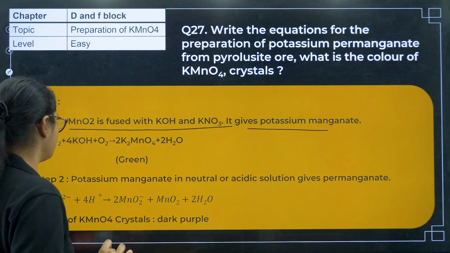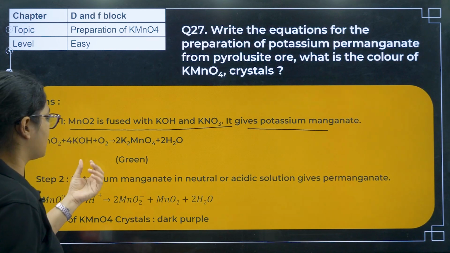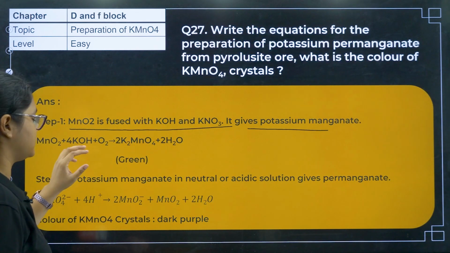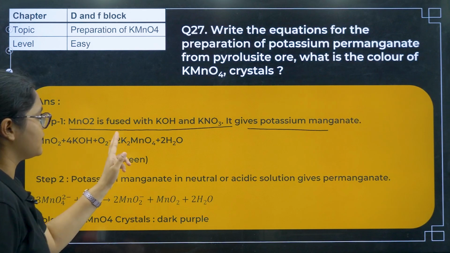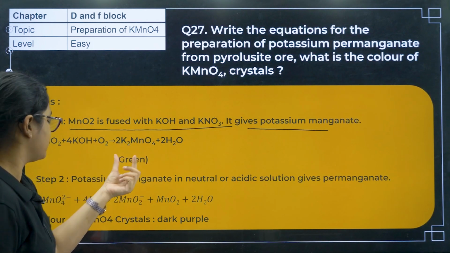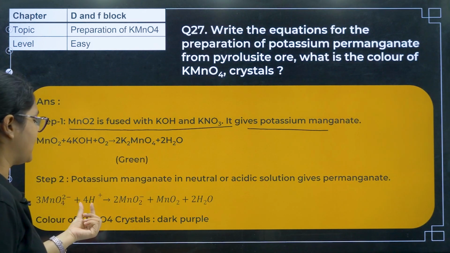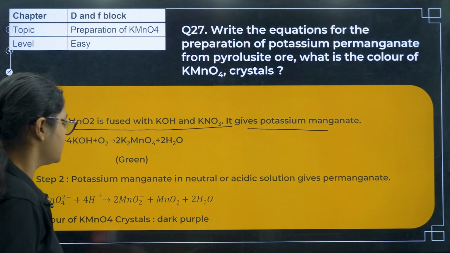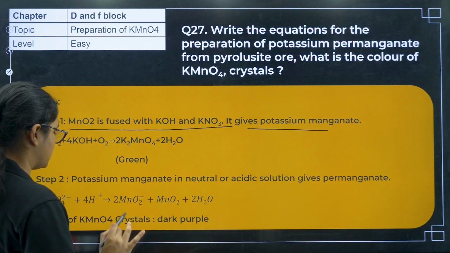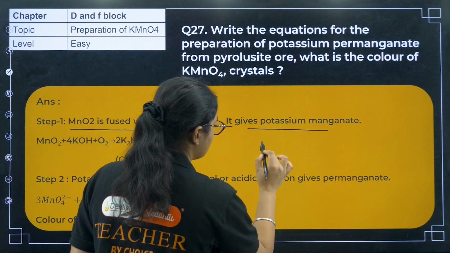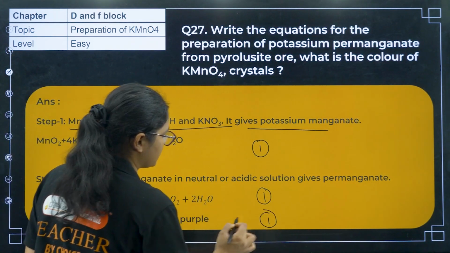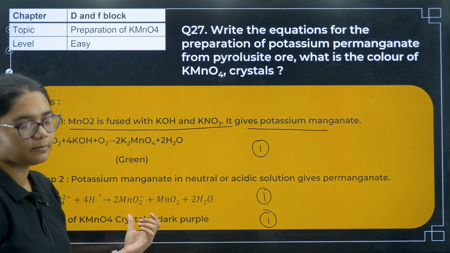You can directly write down first MnO2 is converted to K2MnO4 in alkaline medium, then K2MnO4 in acidic medium gets converted to MnO4 minus. Just write these 2 reactions, that will give you 1 mark each, and the color will give you 1 mark, that is KMnO4 crystals are dark purple color.